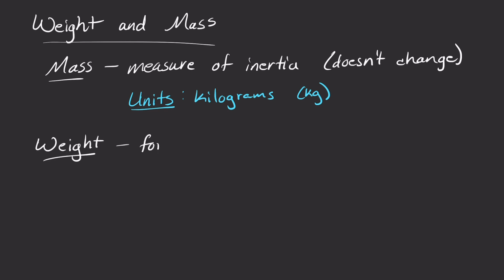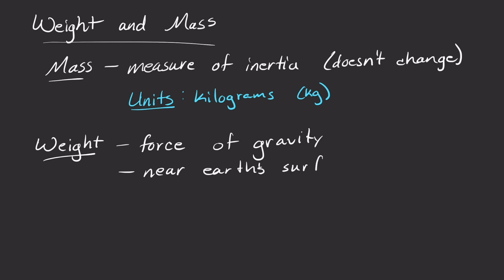Weight is a type of force, and specifically is the force of gravity. And it is the force of gravity near Earth's surface, actually near the surface of anything. Your weight on Earth would be near Earth's surface. And this is given by this equation.